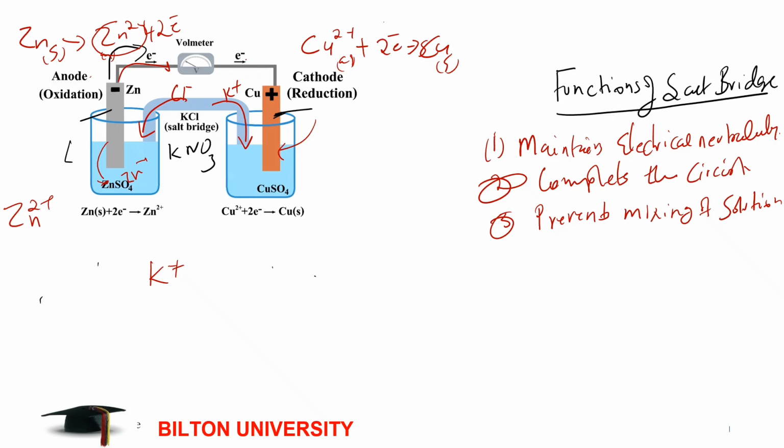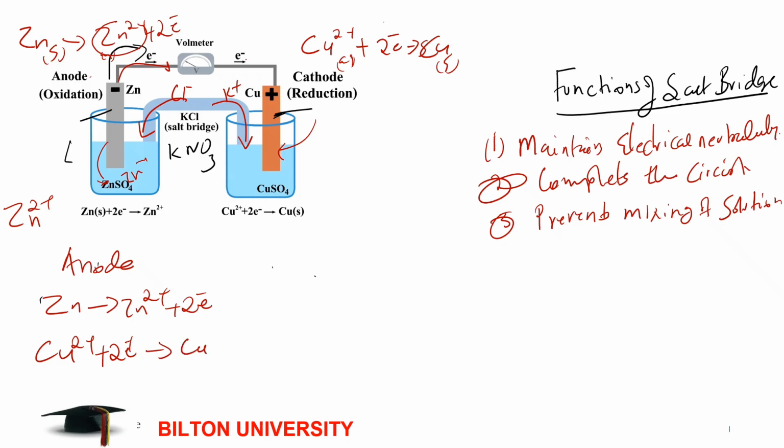So we have seen the two reactions at the cathode and the anode, and therefore we can combine the two reactions to come up with the overall reaction. Initially at the anode, zinc goes into zinc 2+ plus 2 electrons, and at the cathode, copper 2+ is being reduced to copper solid.